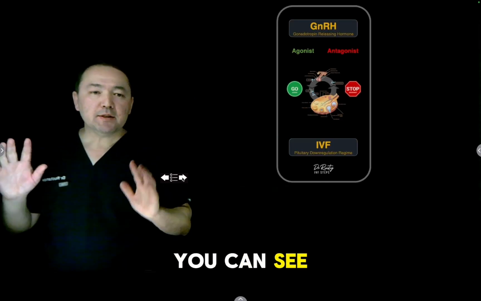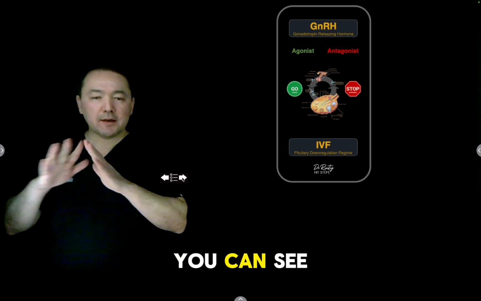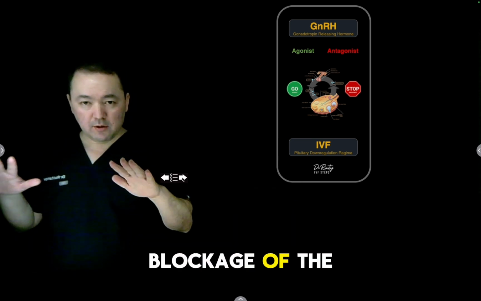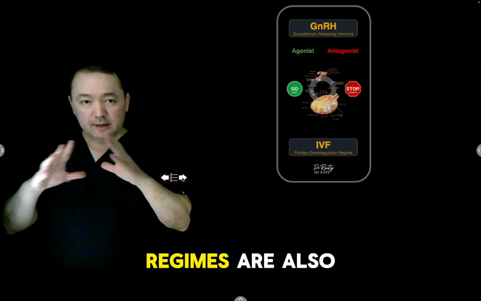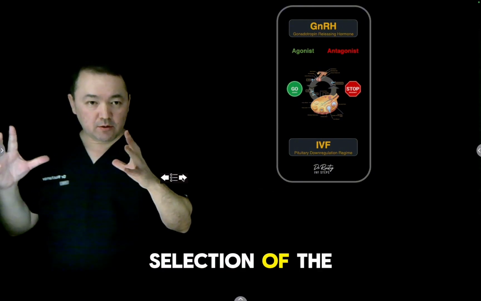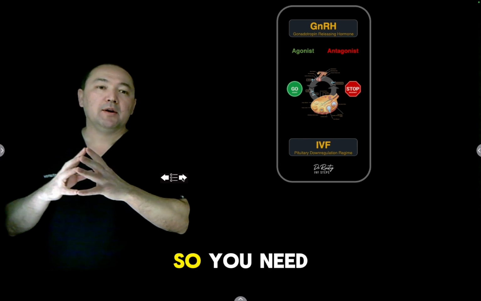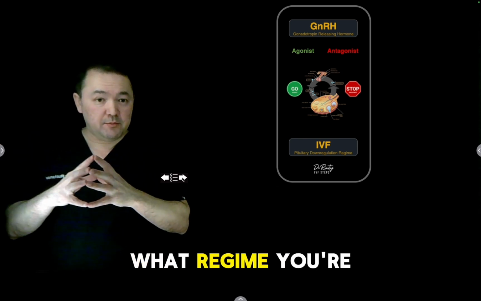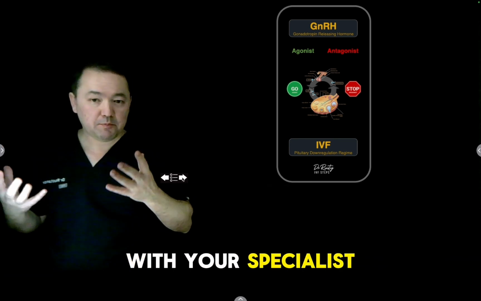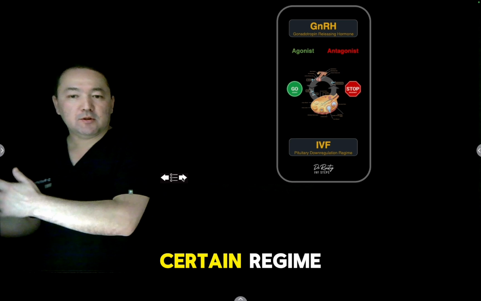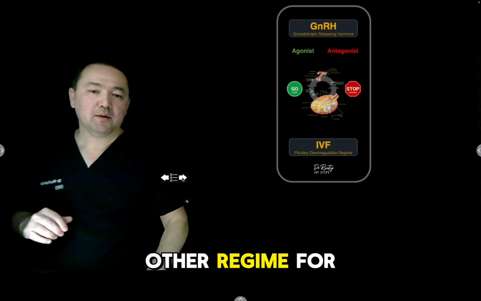So you can see that effective blockage of the pituitary gland is very important in IVF, and the selection of these regimes is also important. You need to find out what regime you're using for your cycle, and if you have any questions, you should discuss with your specialist why you're using a certain regime and not the other regimes for your IVF.